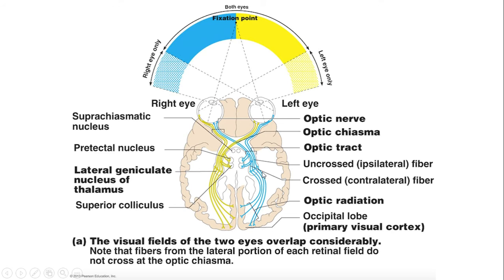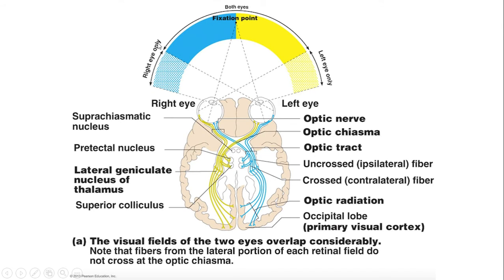So for example, let's say this is one half of the visual field and then the other half, but looking at just what's blue. We have the medial aspect from this eye and the lateral aspect from this eye, all responsible for this portion of the visual field, all the blue. So this blue and this blue will be complementary to this portion of the visual field.